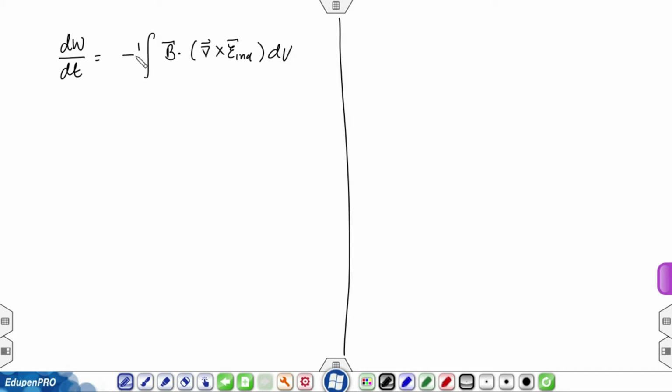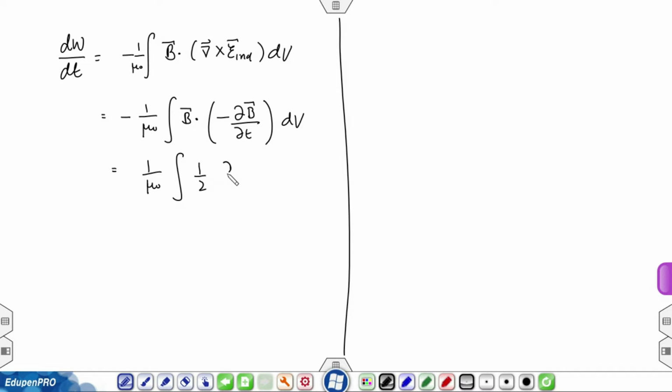There is a 1 over mu 0, which is minus 1 over mu 0 integral B dot curl of E induced, we know from Faraday's law, is minus dB dt. So, this gives me 1 over mu 0 integral 1 half d by dt of B square dV.